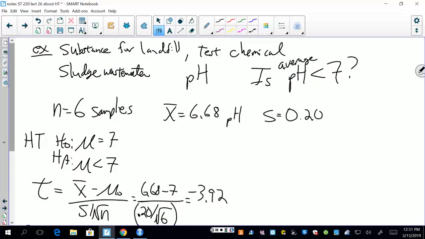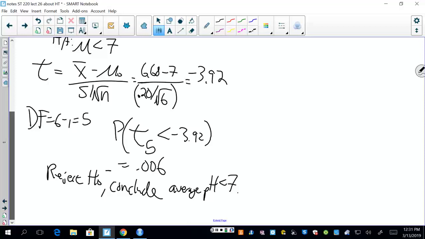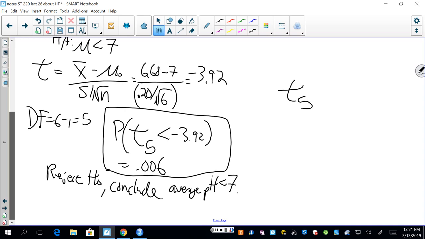Where did you get that 0.006 from? Well, this would be from looking at a table. The 0.006, I'd have to get from the computer. Do you have the table there? Yeah. And so t of 5, what values do you see at the 0.01 column? 3.365.